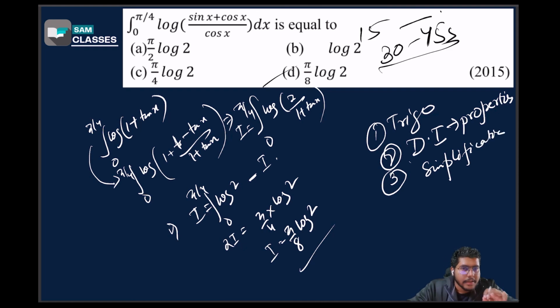If you know these three things and have command, you're done. Each and every question you will be able to solve in 30 to 45 seconds. That is our main target, and for that we are working this hard.